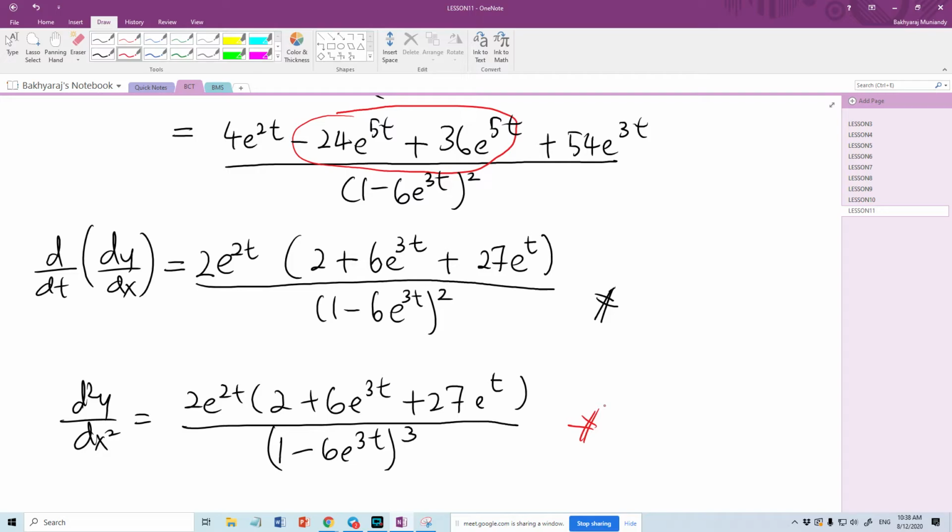Okay, anyone? Ada siapa-siapa tak dapat benda ni? Atau you nak tengok last answer juga? I think you boleh nampak dah, because 1 minus 6t 6 exponent 3t times square ni kali dengan satu lagi, you akan dapat 3 dah.